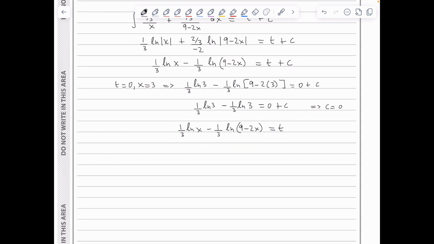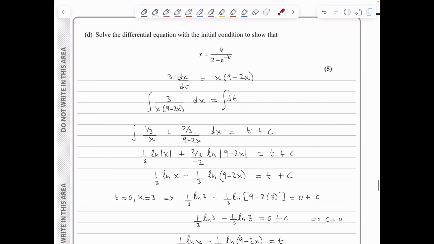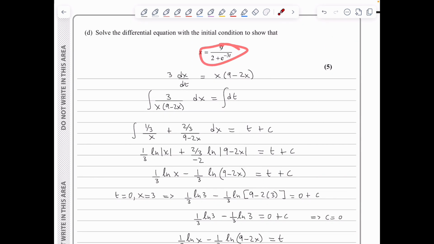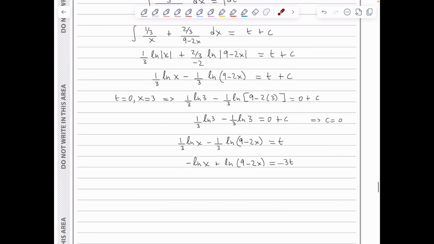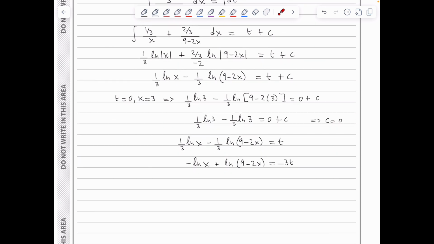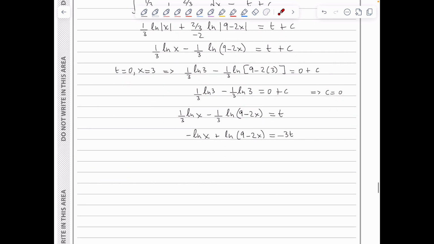So this leads to minus ln x plus ln of (9 minus 2x) is equal to minus 3t, because I see the e to the minus 3t in the answer I need to arrive at. So I make these adjustments so that I've got more chances of getting to the correct answer quickly. So the left hand side can be combined in a single logarithmic term. It's ln of (9 minus 2x) over x, and this is equal to minus 3t.